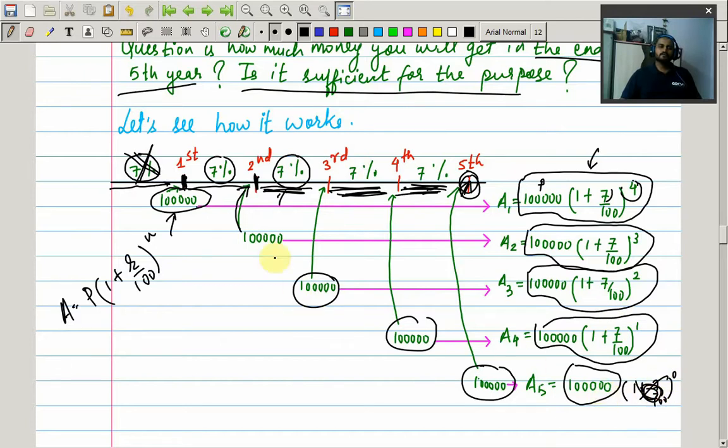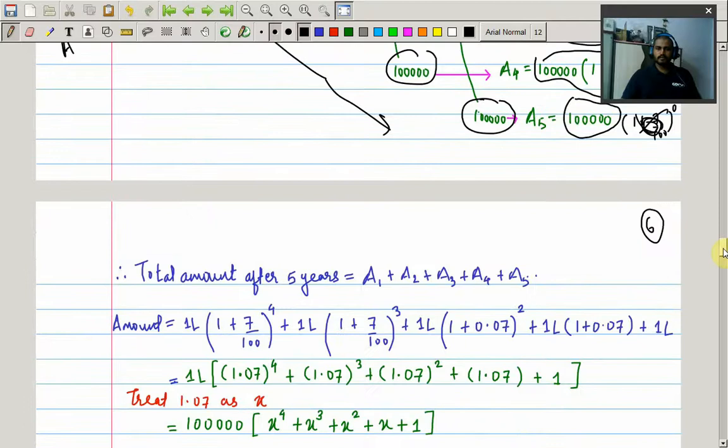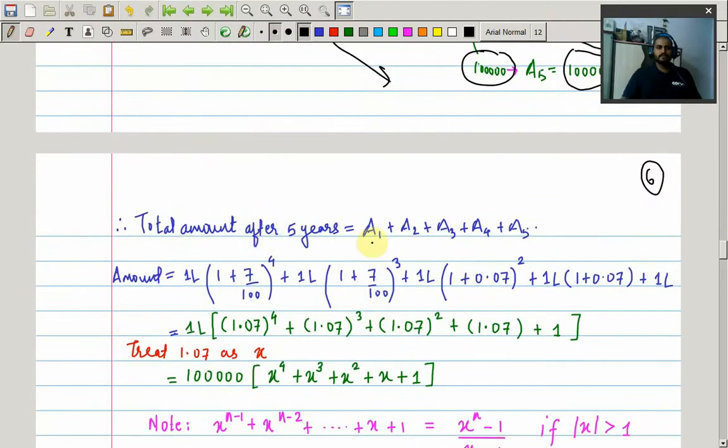Now the question is how much total amount you have accumulated at the end of the fifth year if you choose the annuity plan. So you have to add everything. So add all the amounts. So the total amount after 5 years is A1 plus A2 plus A3 plus A4 and A5.